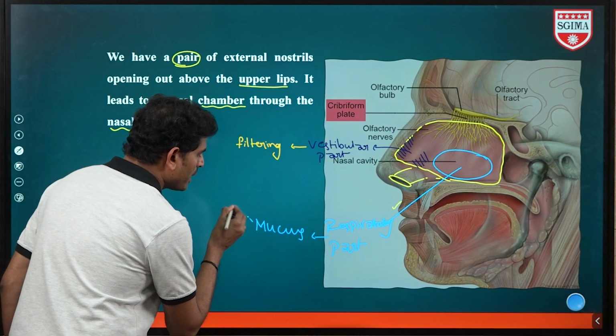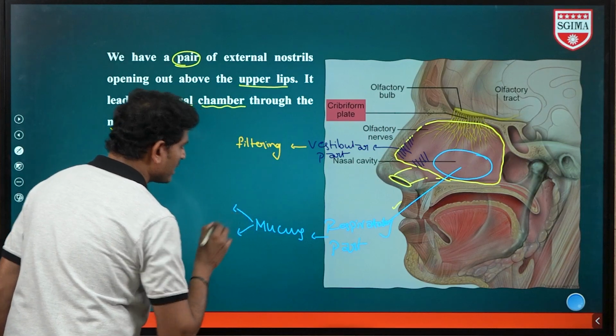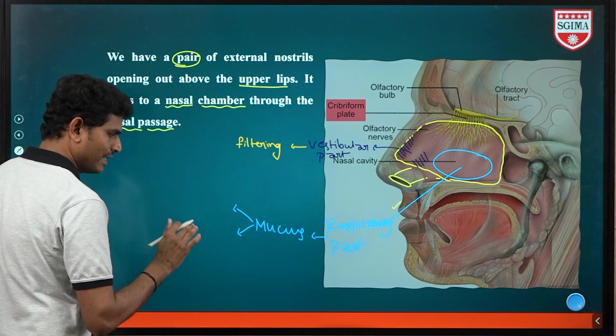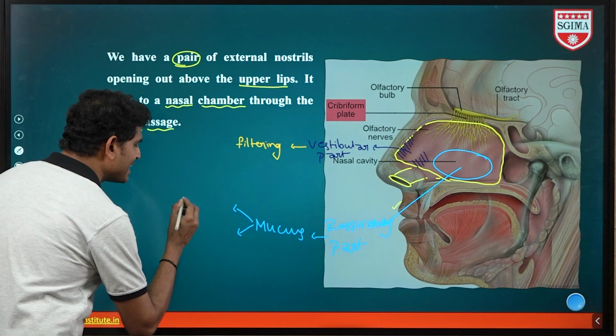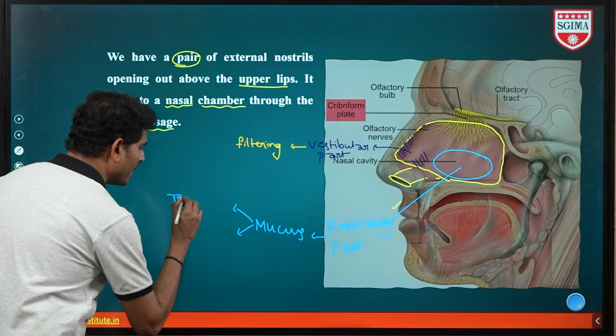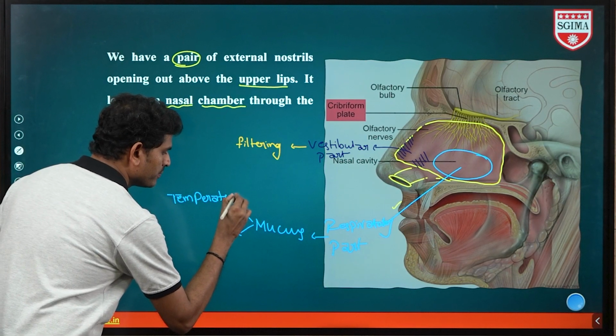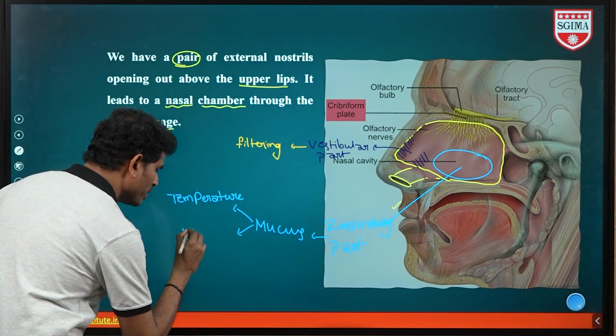What is the use of this mucous membrane? It is used for two things: the mucous membrane adjusts the temperature and humidity of the air.